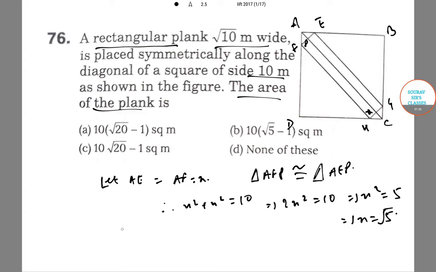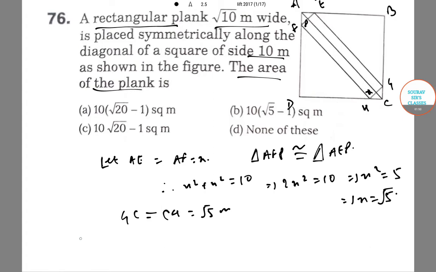Similarly, GC is equal to CH is equal to root 5 meters. Now EB is equal to BG is equal to 10 minus root 5 meters.